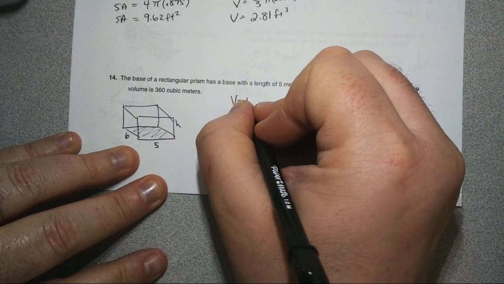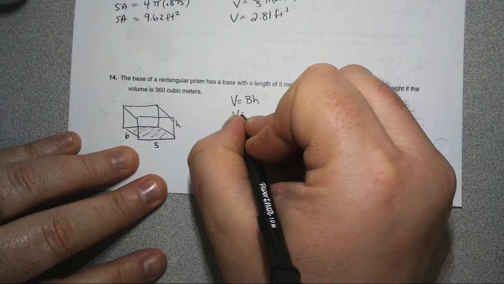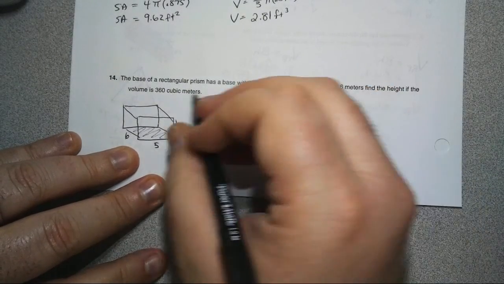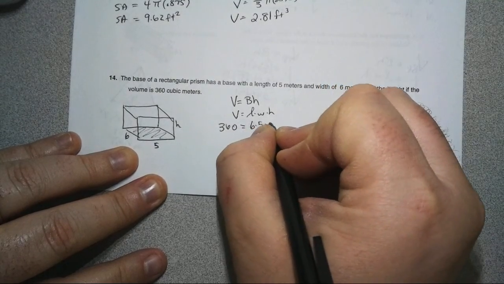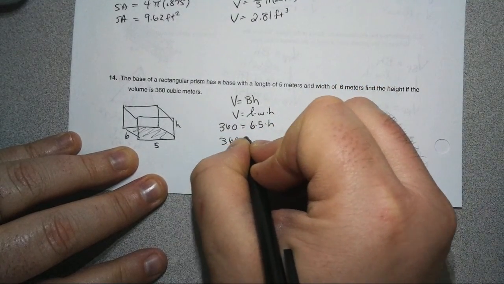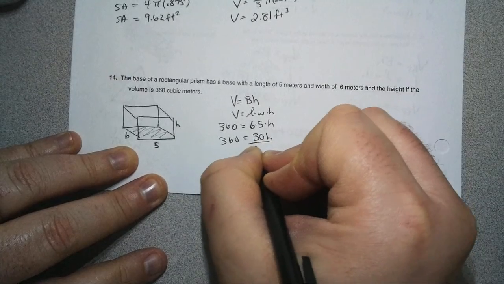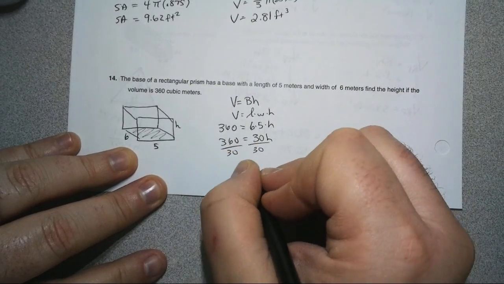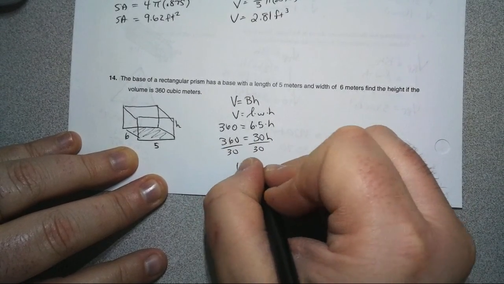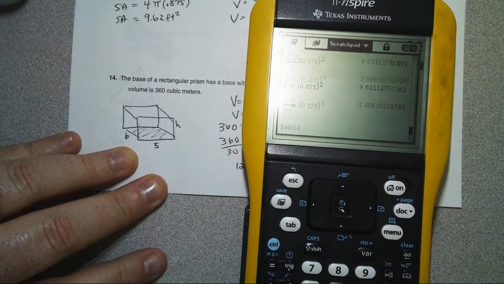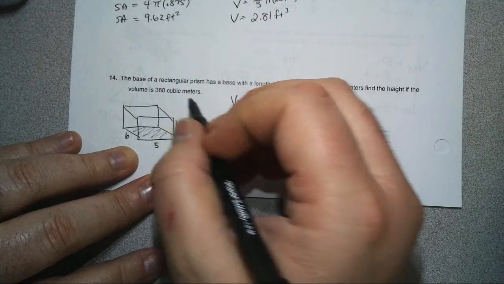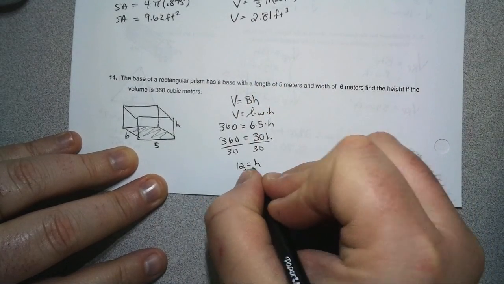So volume, remember, is base times height, which is really length times width times height. So 360 is equal to 6 times 5 times h. So this is 30h, divided out by 30, and we should get an answer of 12 here for the height. And there you go. And then, once again, this is cubic meters, so that should be meters.